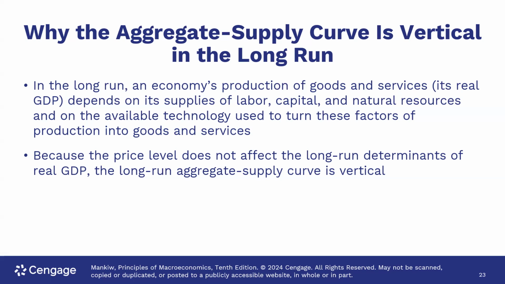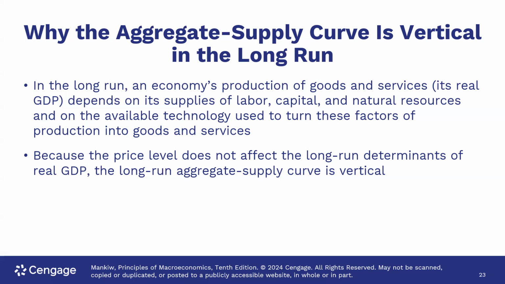So in the long run, an economy's production of goods and services, its real GDP, depends on its supplies of labor, capital, and natural resources, and on the available technology used to turn these factors of production into goods and services. So in the long run, the aggregate supply is determined by the productivity, and then the productivity is determined by those four factors, right?